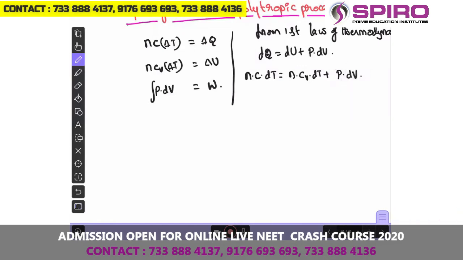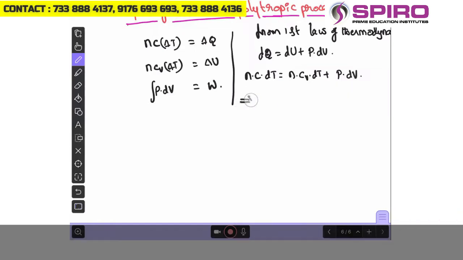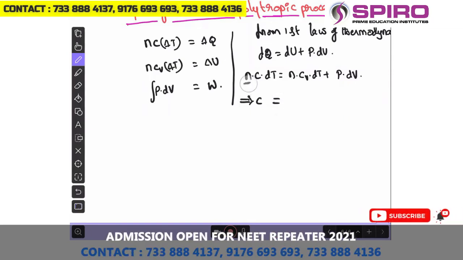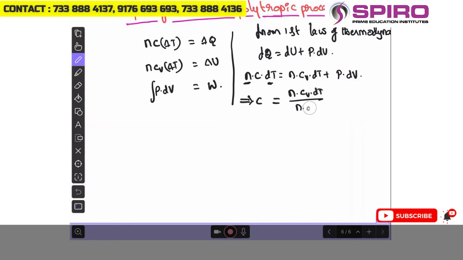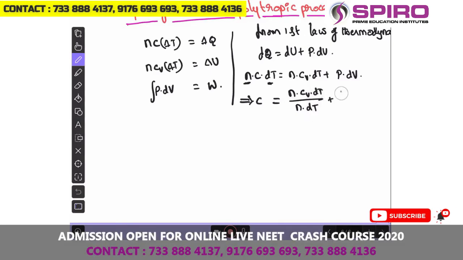Now I want C, so make C the subject of this relation. By shifting n dT to the right-hand side, this will become n Cv dT divided by n dT plus P into dV divided by n dT.